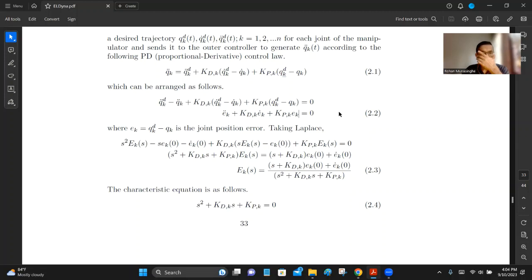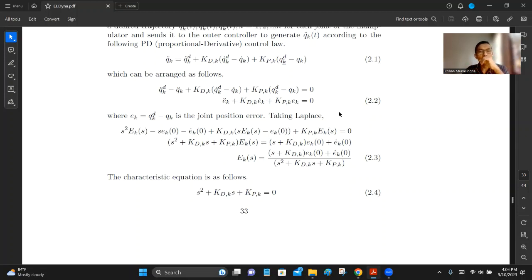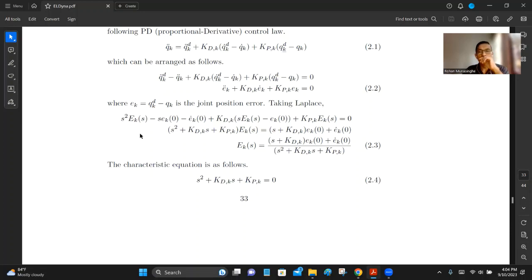All right. So now if you take the Laplace of this one, you get equation number 2.3. This is the Laplace transform of equation 2.2. You can see s squared E_k(s) is the Laplace transform of the position error.